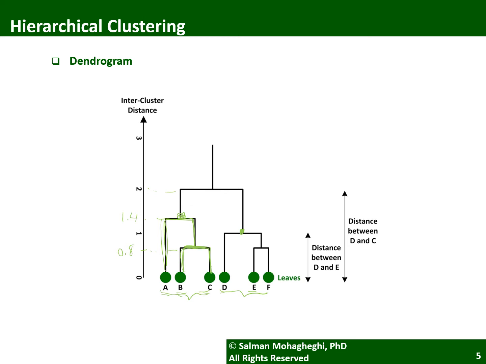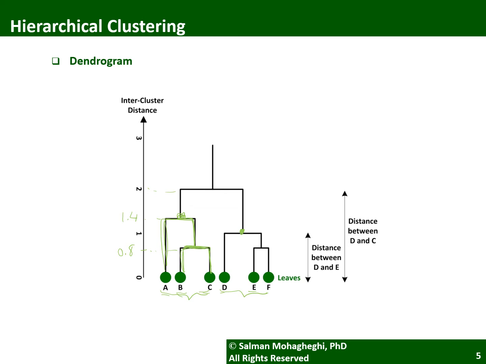So just to recap, when you're looking at this dendrogram, and this, by the way, is something that you can create using MATLAB or R or Python, so it's not something that you would have to create by hand. When you look at this dendrogram, the distance on the vertical axis indicates the distance between the clusters or the distance between individual data instances.